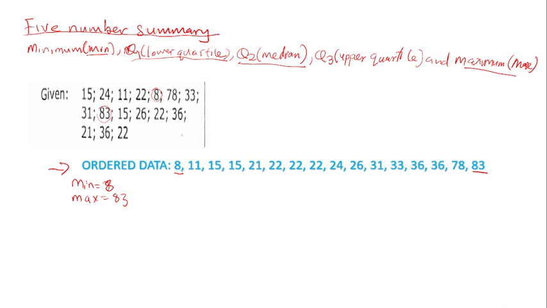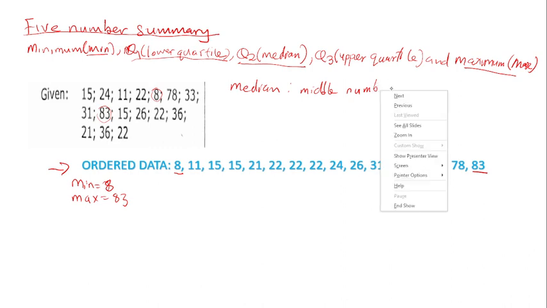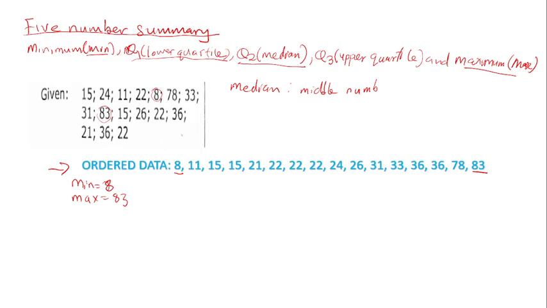So the median is the middle number of a ranked data set.